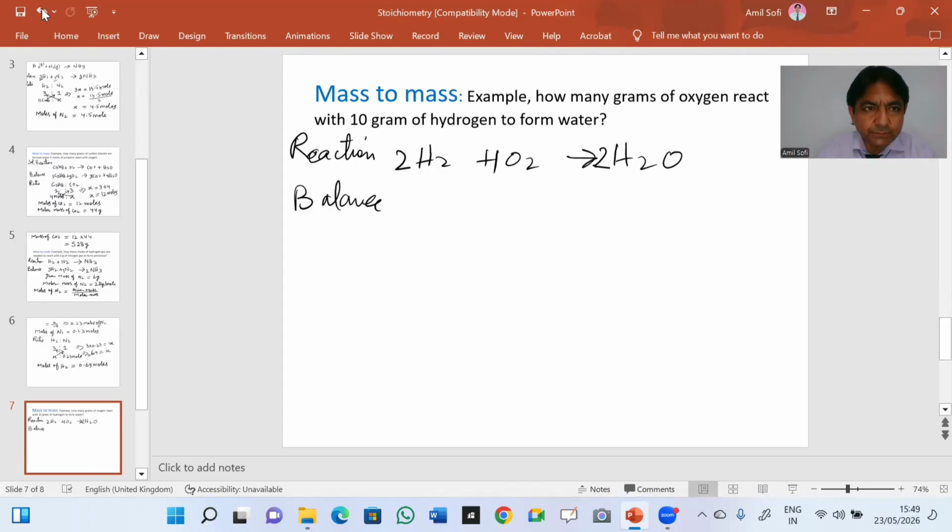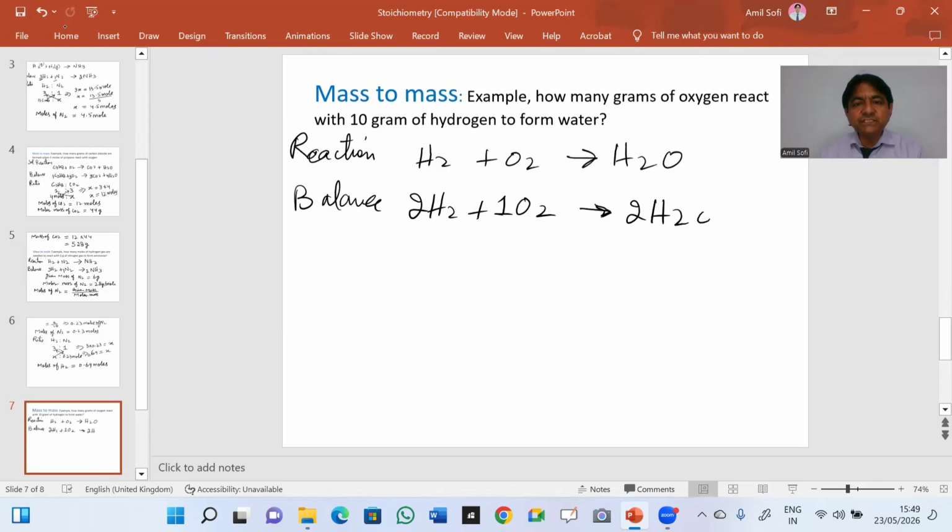This is 1 times, so that you understand it. So now this is the balanced chemical reaction. Or we can write it here: 2 times H2 so that it becomes very clear, and 1 times O2 gives 2 times H2O. So this is the balanced chemical reaction.